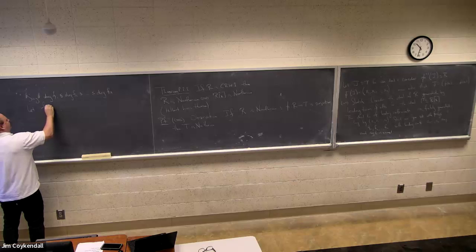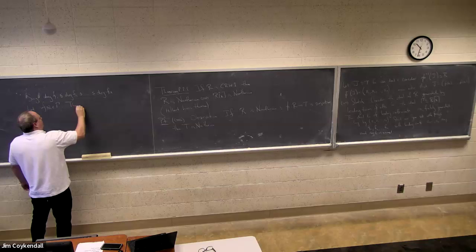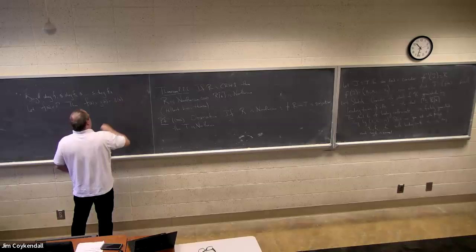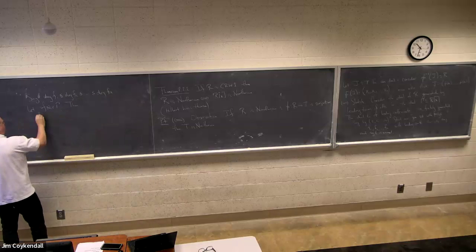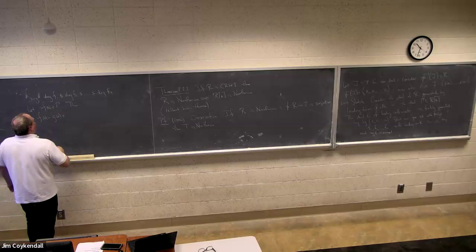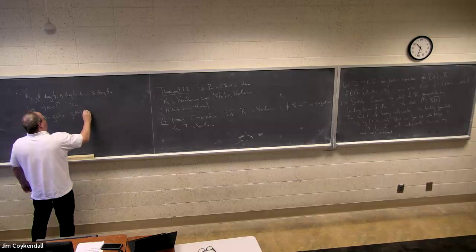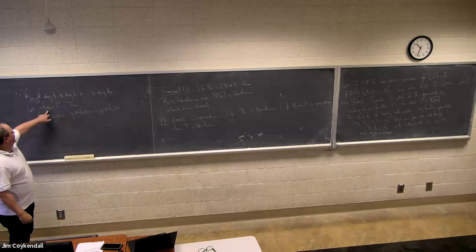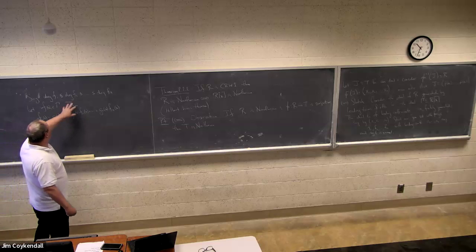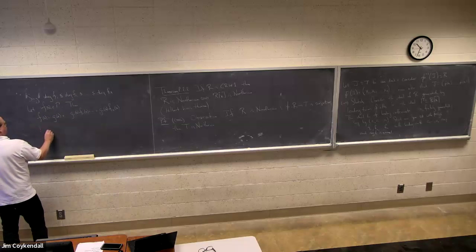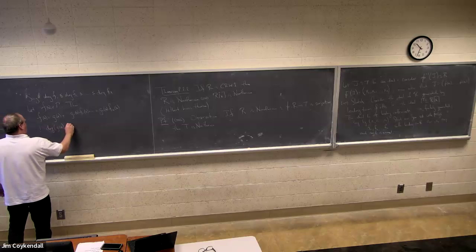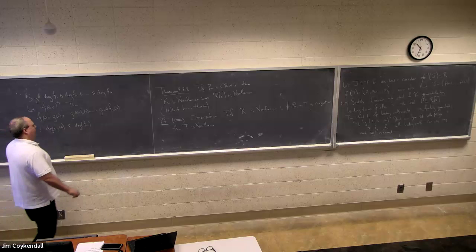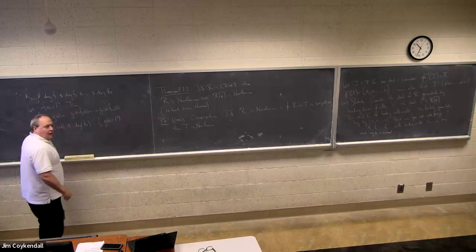Let f of x be an arbitrary element. Then f of x is equal to g of x plus a linear combination B1(x)F1(x) plus ... plus Bn(x)Fn(x).